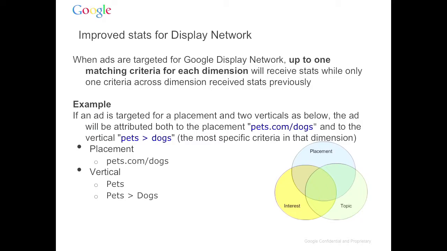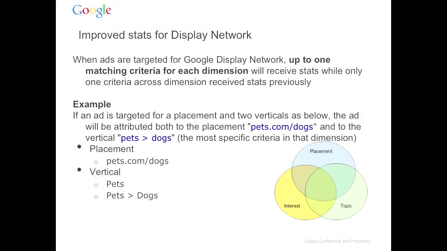It used to be that we had what we call a single attribution model, in which if you have different criteria for the display network, it can match to the user intent on what he's searching, and then we display the ad because of that intent, we were attributing the impression only to one of those criteria.